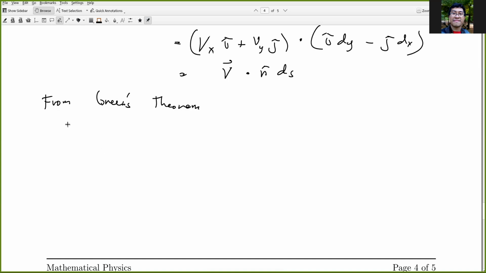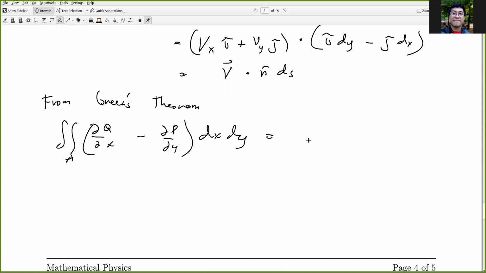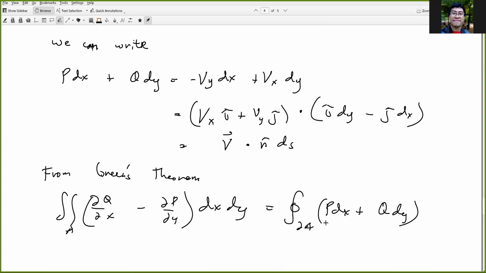So from Green's theorem, we have the double integral over the area of partial Q with respect to x minus partial P with respect to y, dx dy, equals the closed integral of P dx plus Q dy. This part here is V dot n.